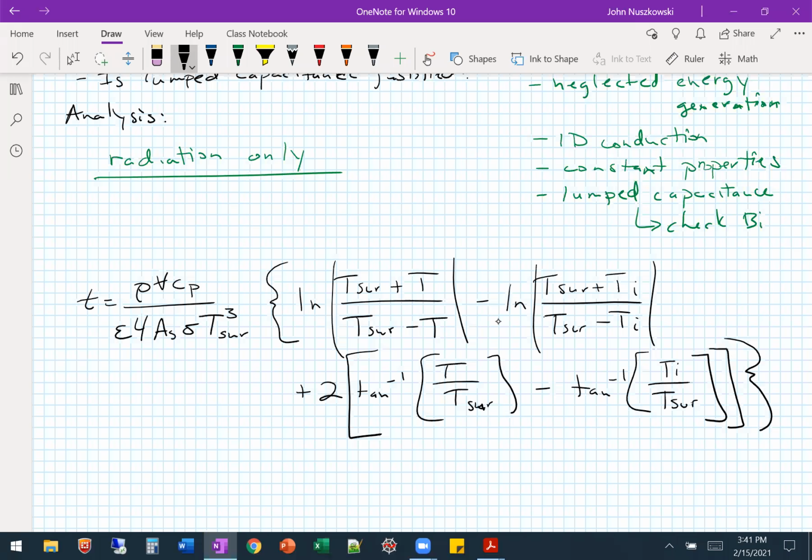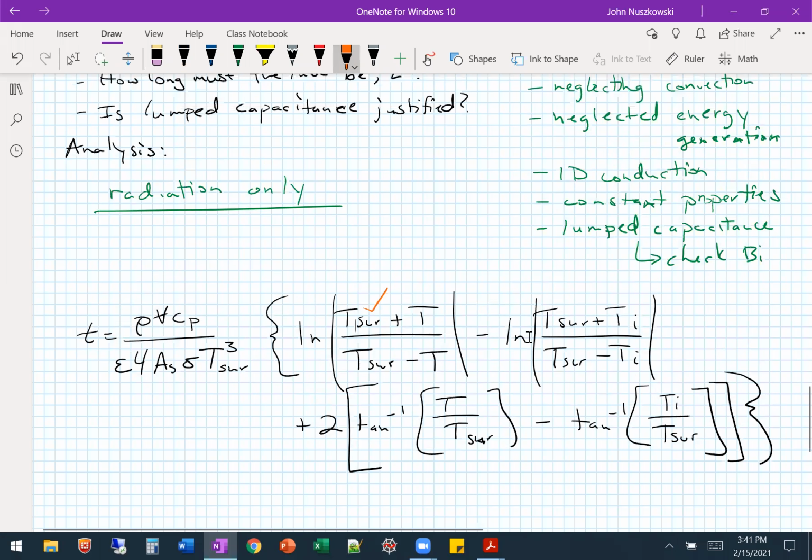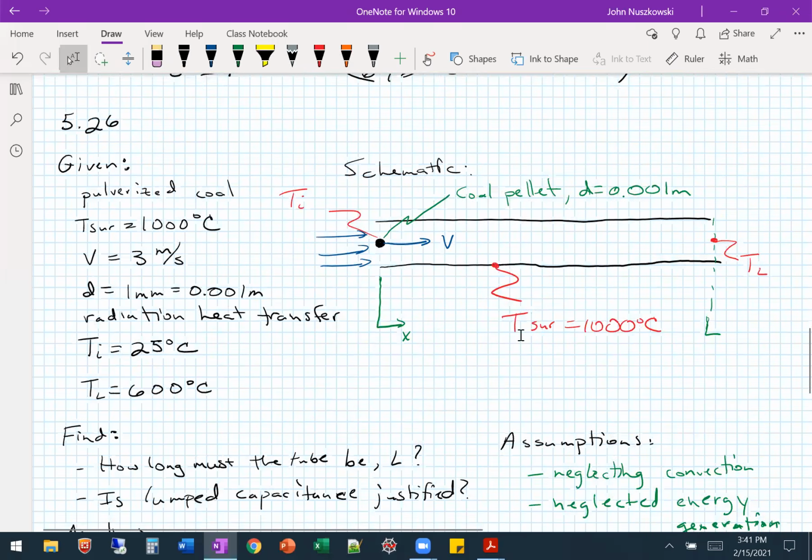All right, so let's go through. We were given the temperature of the surroundings. Let's start off with that. We are doing radiation, so we definitely need to change all these into Kelvin. Otherwise, we're going to get the incorrect answer.